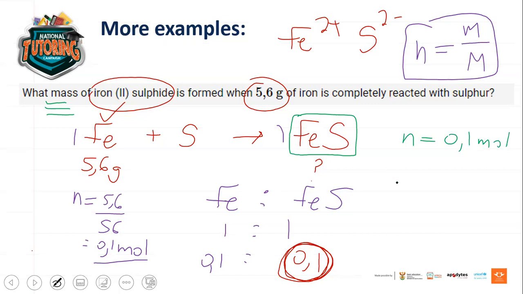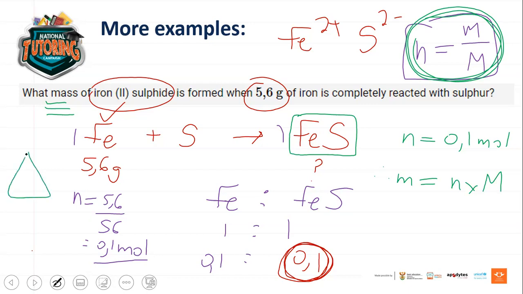Therefore, I can work out the mass. Now I'm changing this formula around, and the mass would be equal to the number of moles times the molar mass, because what do I have to do to get small m by itself? I have to times by capital M.